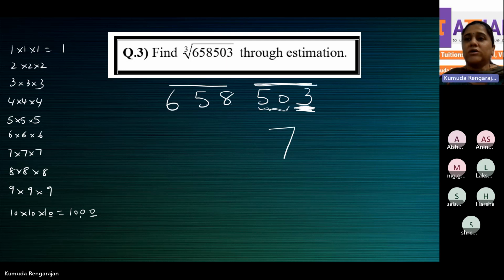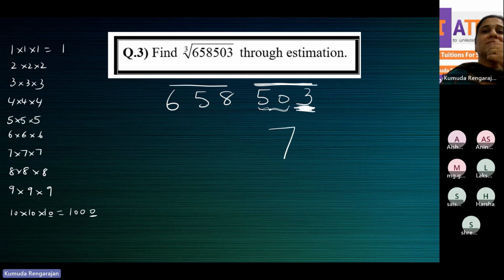I can see blank faces offline because you have not watched the videos on cubes and cube roots. Sit down. See, 1000 is a cube number and its cube root is 10. Both end with the digit 0.